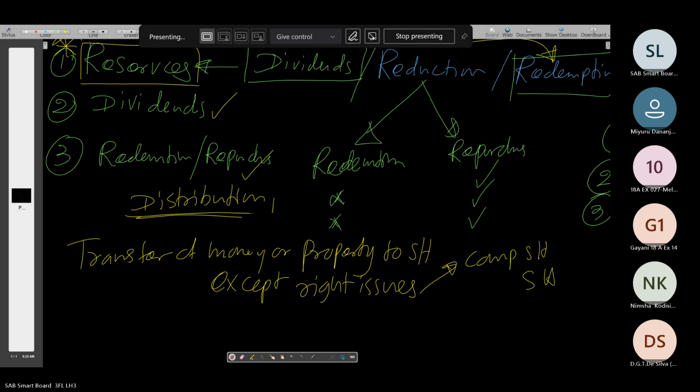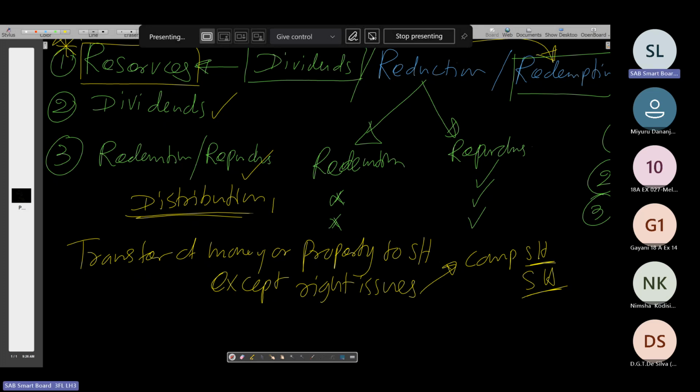The company declares, no, we are giving shares to you instead of money or dividends. That is known as a rights issue. So, issuing company shares to the shareholders of the company.